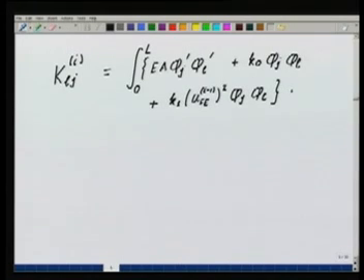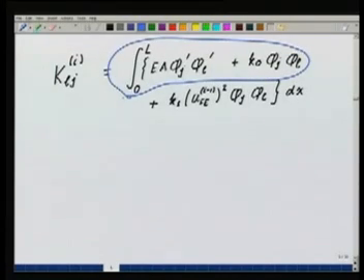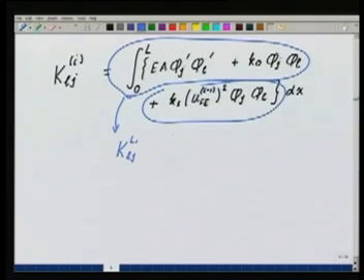dx. So I can write this part of the integral as K linear_Lj, and this part of the integral as K nonlinear_Lj.